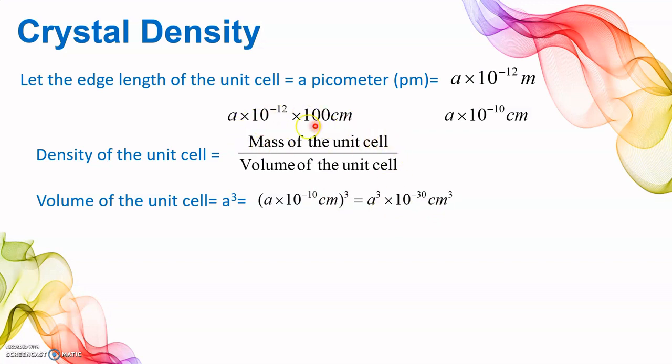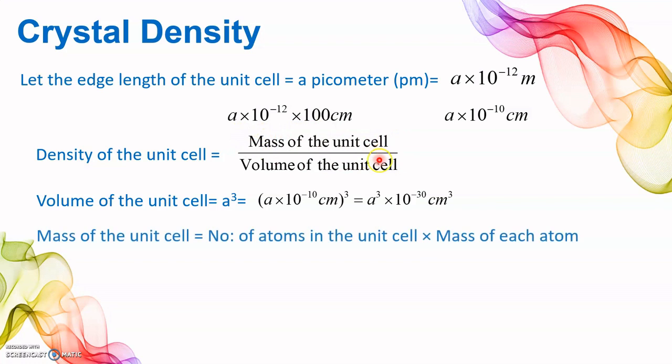Now let's see about the mass of the unit cell. Mass of the unit cell is equal to number of atoms in the unit cell into mass of each atom present in the unit cell. The number of atoms in the unit cell is given by the symbol n.